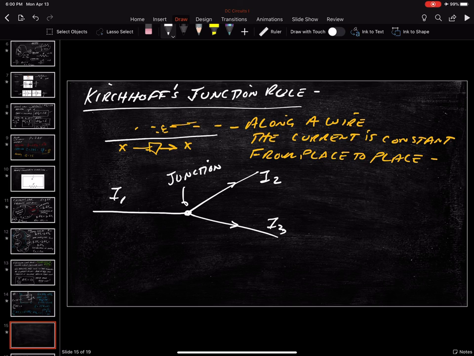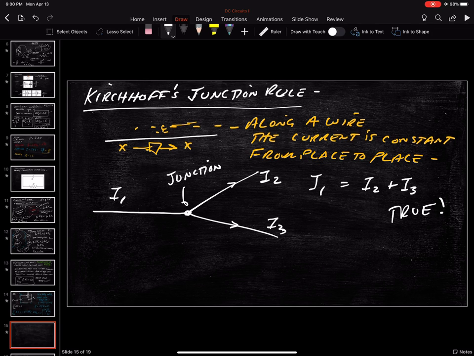Both wires are identical. There's no reason for the current to travel one way versus the other way. And so you might guess that I1 should equal I2 plus I3. In other words, how much current you have going into the junction should be the same as the amount of current going out of the junction. That's your intuition, and that's absolutely true.